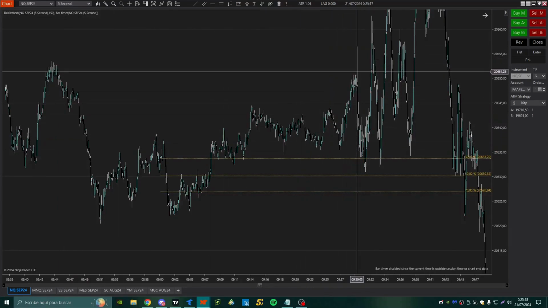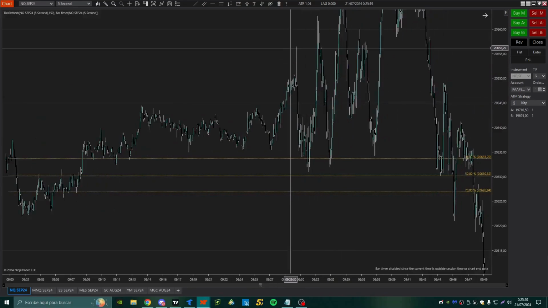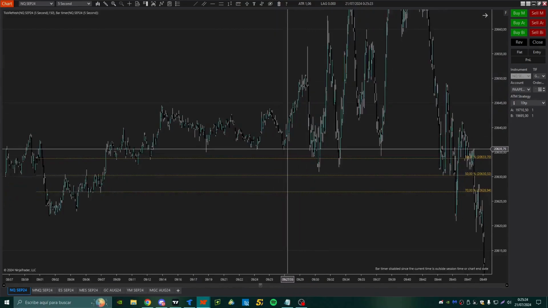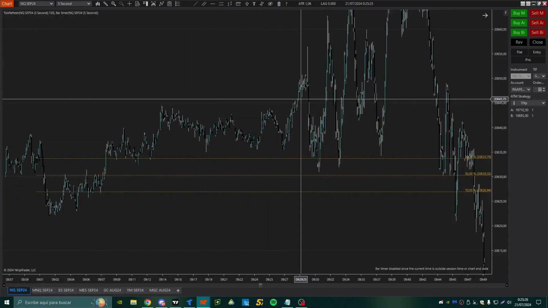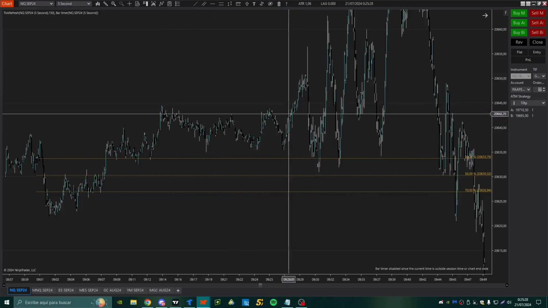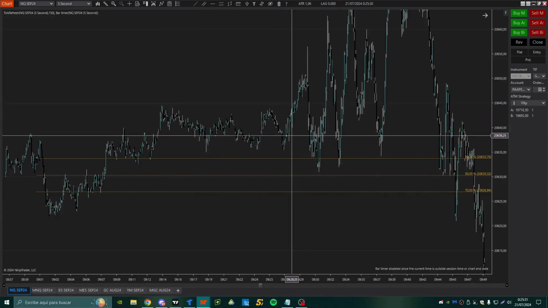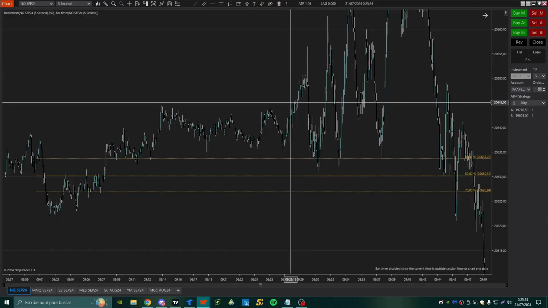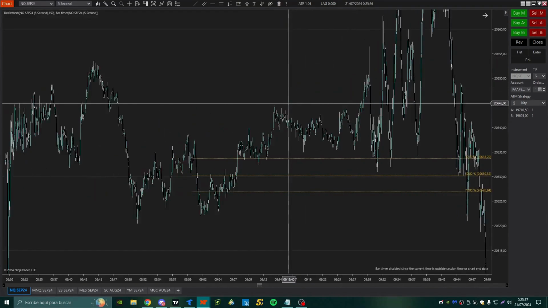So what expectation do I have at the moment that I see the rejection? From this high, it can be taking these lows, and I don't want to be looking for longs from these things here, right?